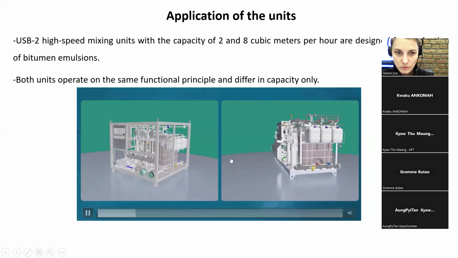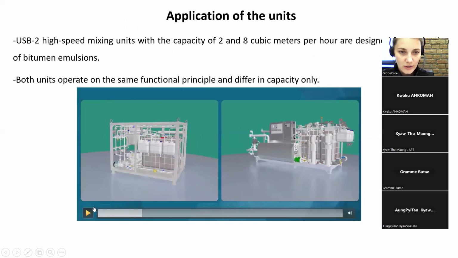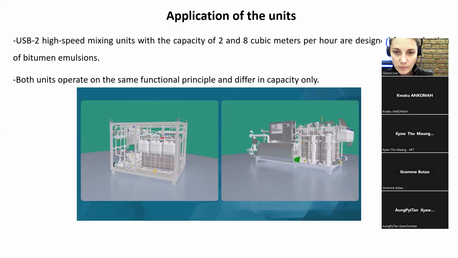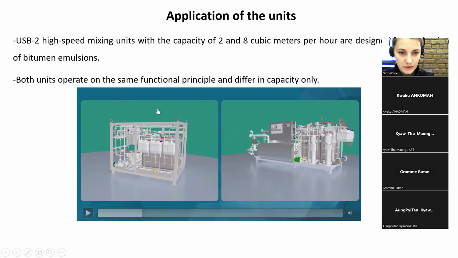It's just video with no sounds. I will then put on hold. The construction is pretty much similar on both machines. They have installed a mixer, a colloid mill, and all the components are being premixed in the tank with adding adhesive, acid additive, or other components which are needed.